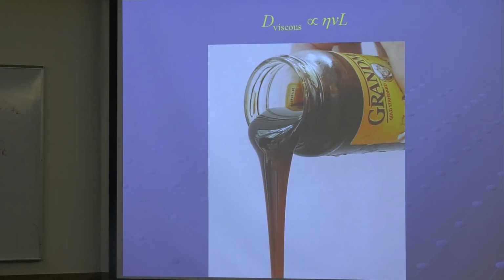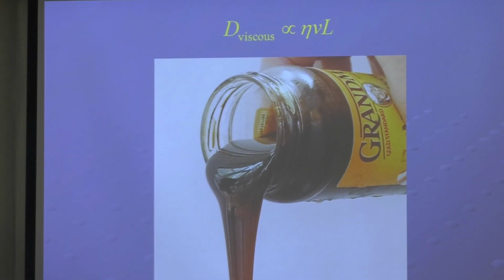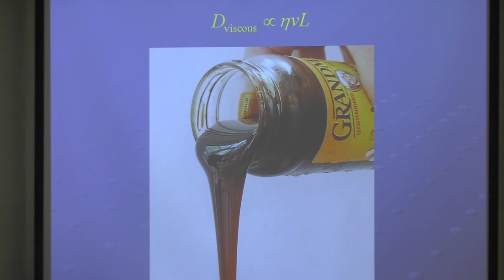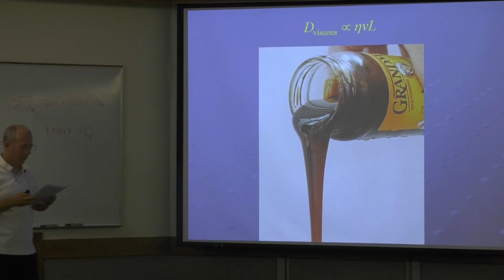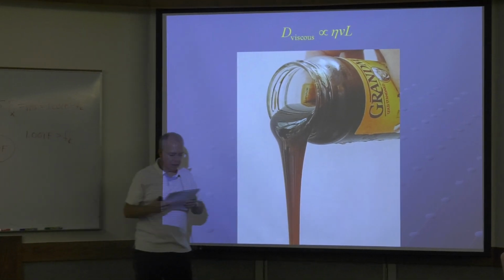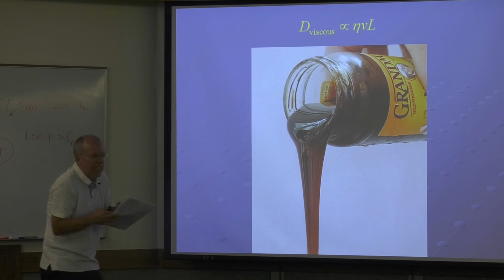There's another kind of drag, which is called viscous drag. Here, the drag forces are due to viscous forces, like the attractive forces of the fluid. If you try to push something through molasses, the object has to somehow free itself from that sticky molasses.